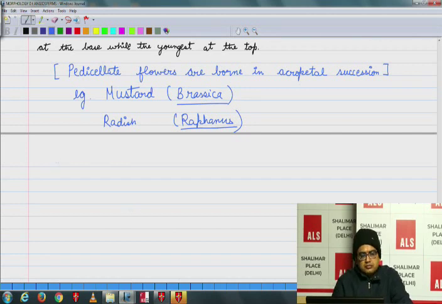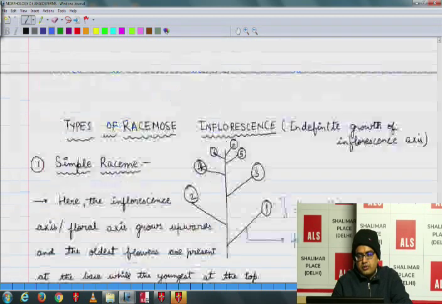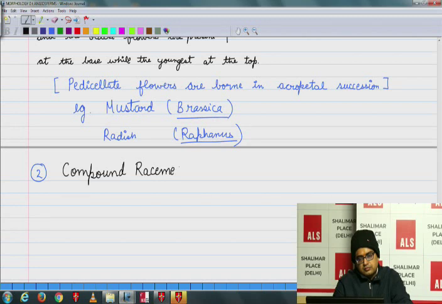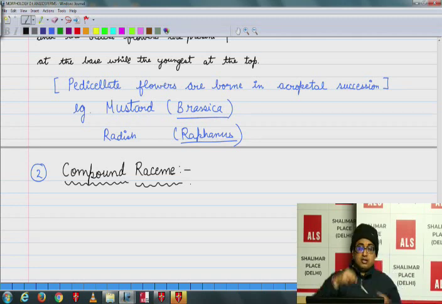Second thing, after simple raceme inflorescence, we will do the compound raceme inflorescence. What is compound raceme inflorescence? So listen carefully. In simple raceme inflorescence, the main axis was unbranched.